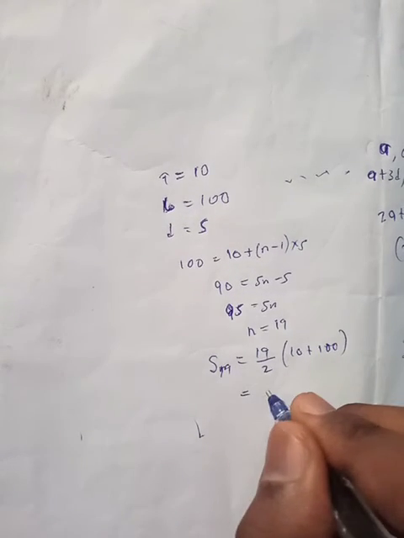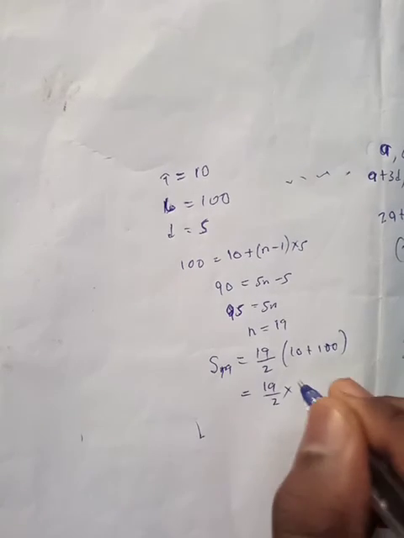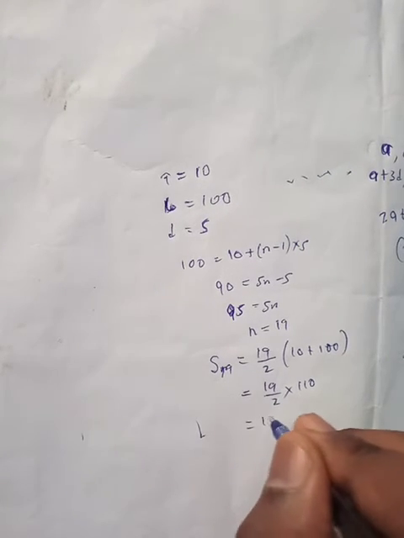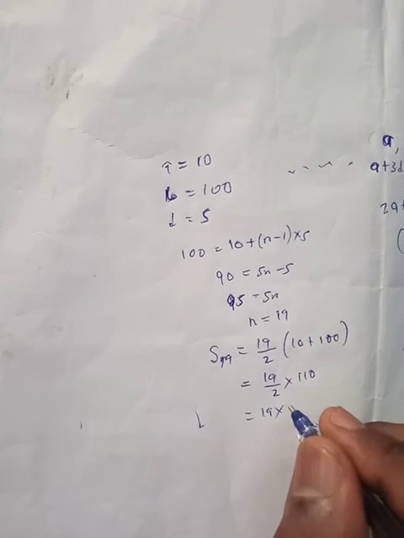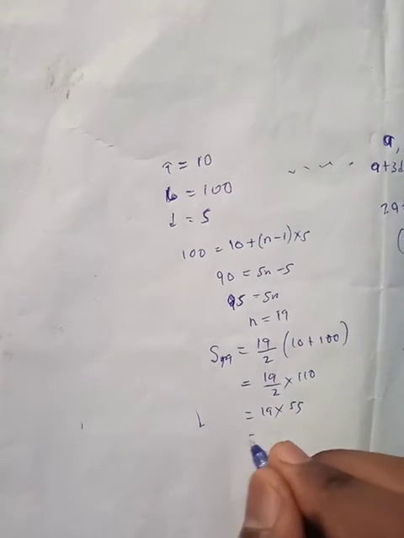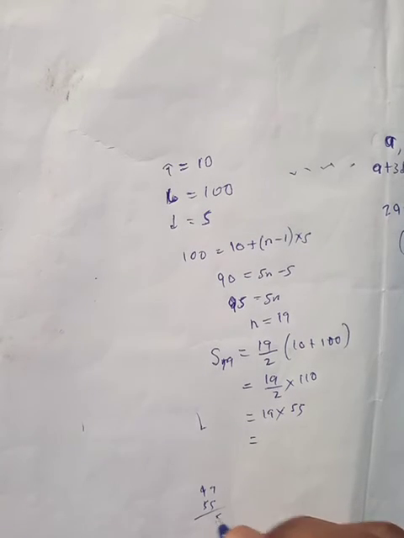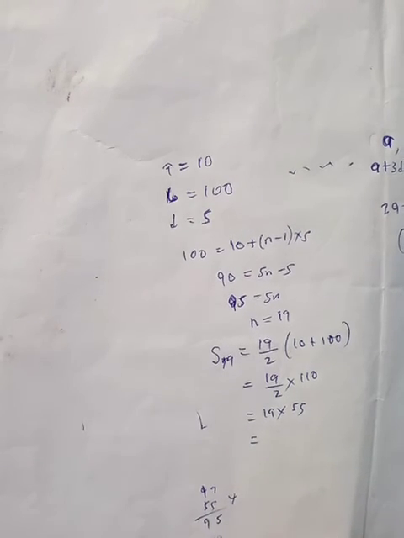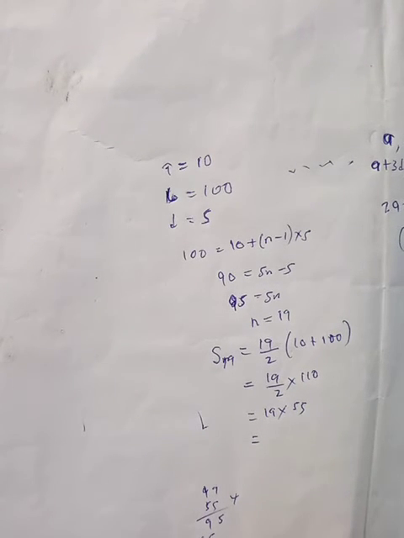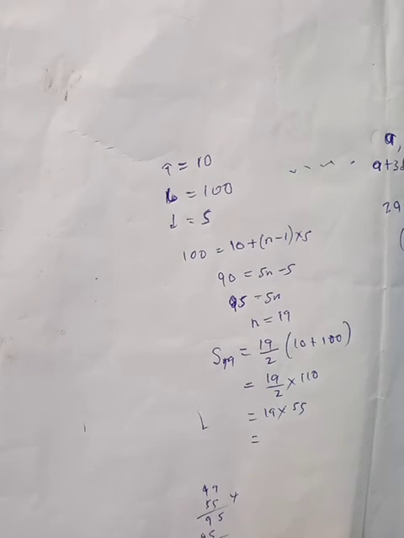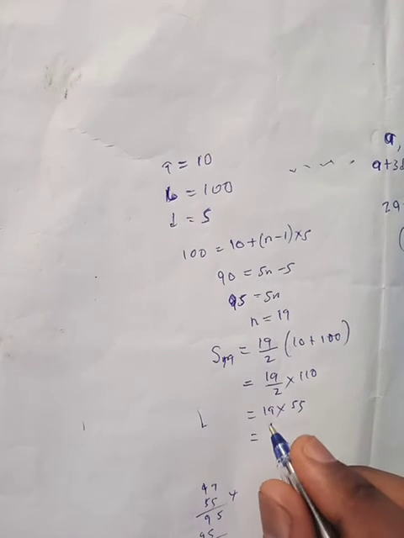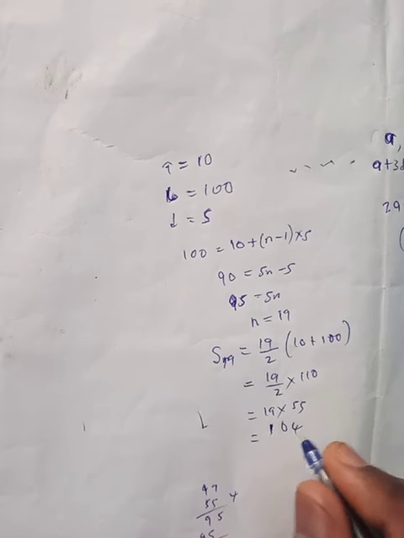Simply as that. Then we'll have 19 over 2 times 110, which will be equals to 19 times 55. Then 19 times 55 will be 1045.